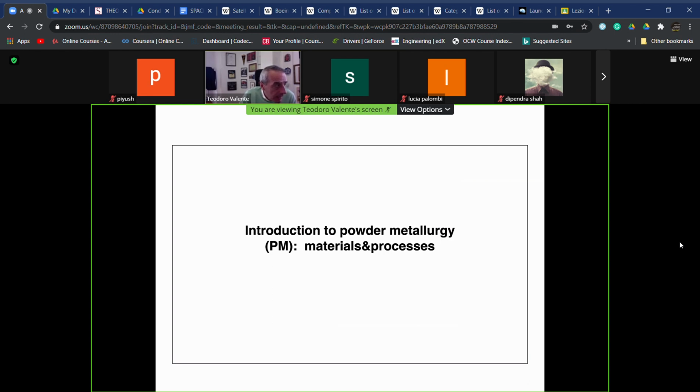But when we have alloyed powders, and especially alloyed powders with a second phase, which is a ceramic phase, we cannot expect to obtain good results if we melt the powders and then let them solidify.